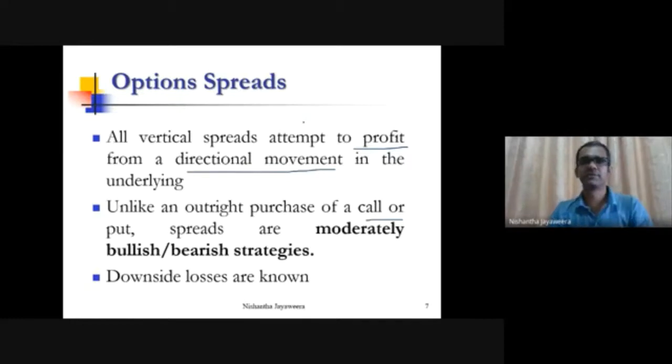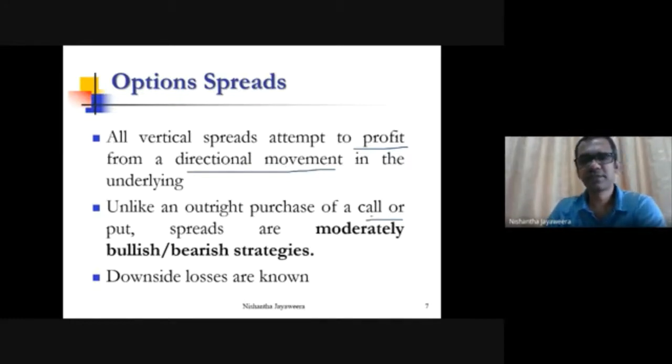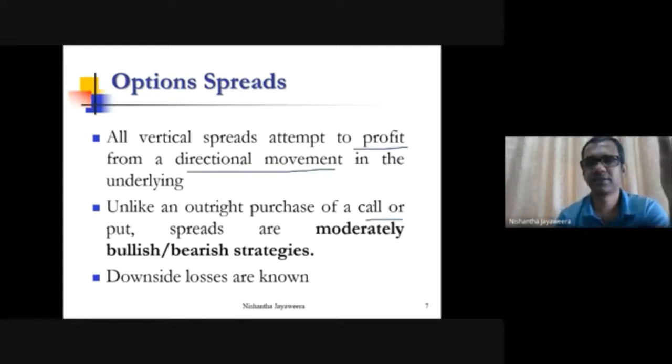But when you buy a bull spread, you assume the price will go up, but moderately. It may not be a drastic upward movement. It will go up, but up to a certain limit. You have a target.